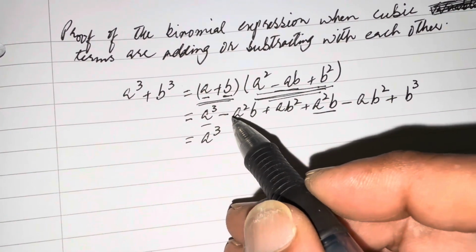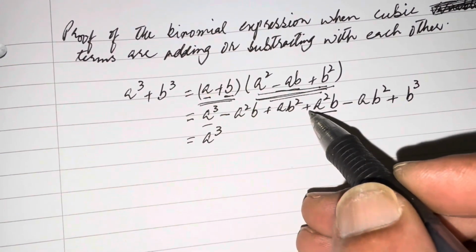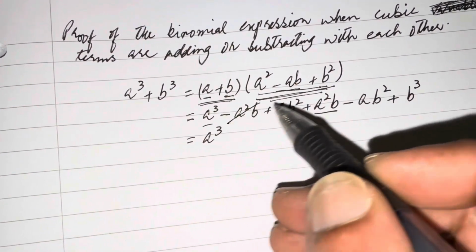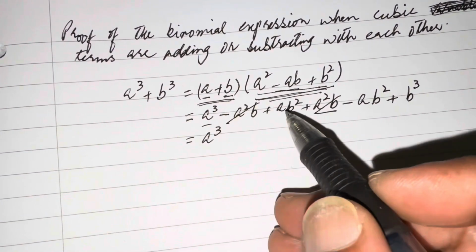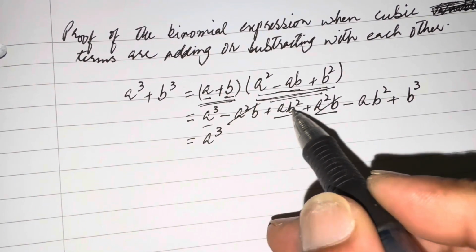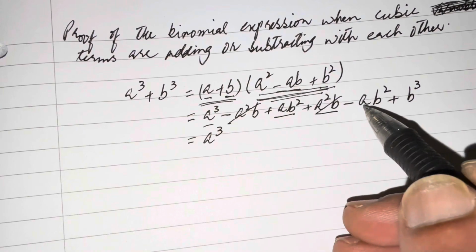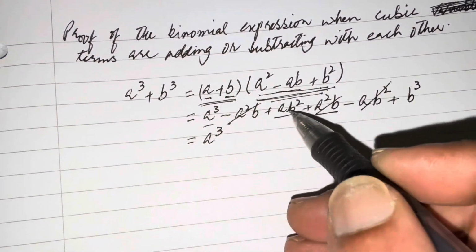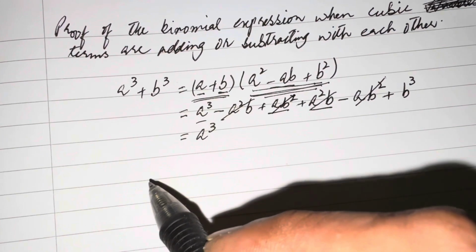Then check the signs: one is minus and one is positive, so these two will be cancelled with each other. And then check the next term, ab square, and this minus ab square, both will cancel each other, and the answer will be 0.